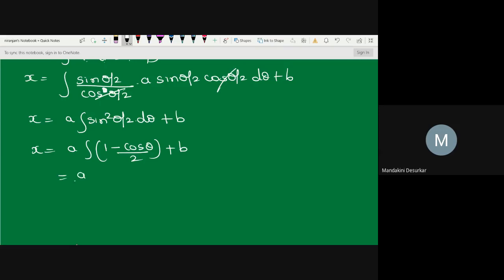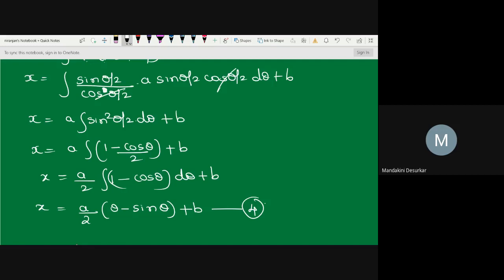So a by 2 integration of 1 minus cos theta d theta plus b. So integration is a by 2 theta minus sine theta plus b.